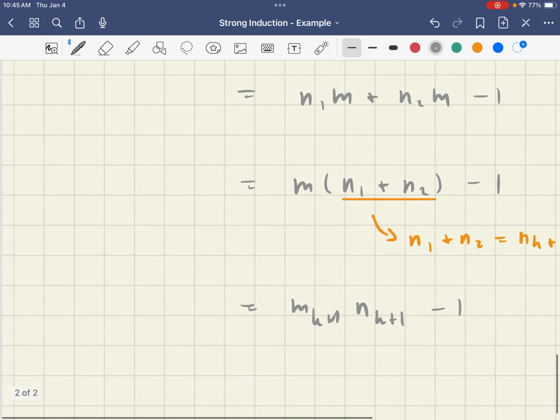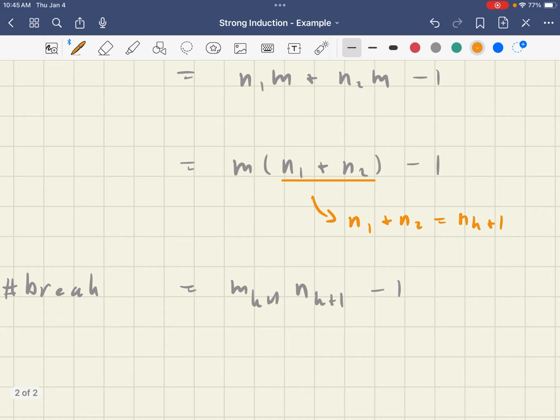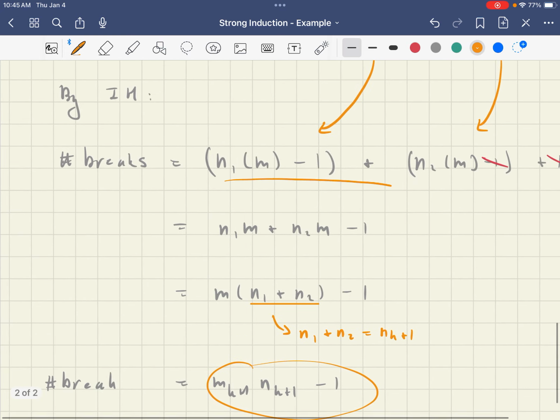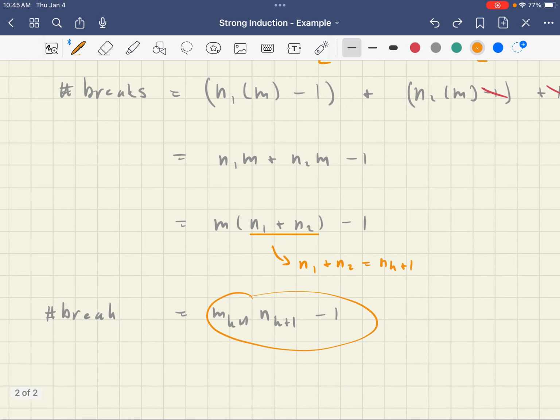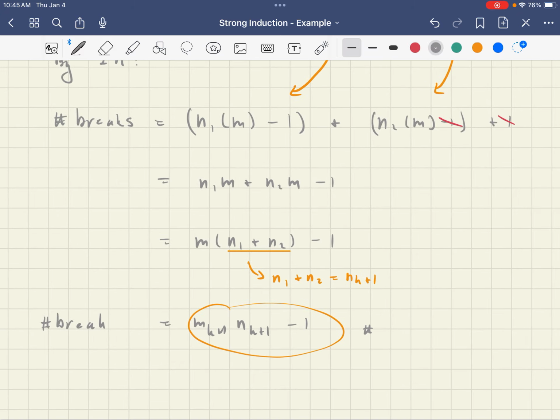The number of breaks. And this is exactly what we wanted, right? This formula right here, which we derived from our previous assumptions, is the formula we're trying to prove. And so we can just end our proof. This is true by strong induction.